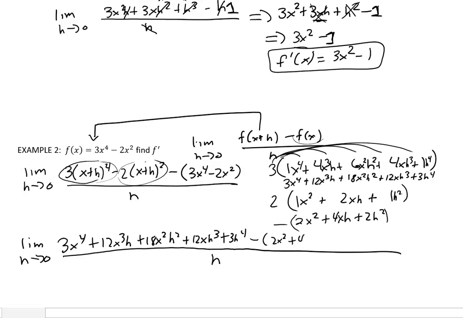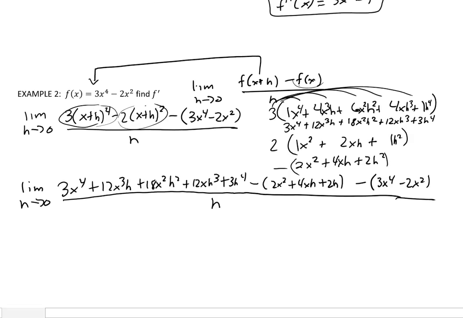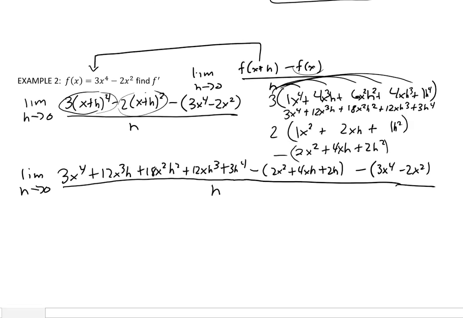Phew! A lot of stuff there. So I'm going to get rid of these parentheses by distributing this negative. So this is going to be negative, this is going to be negative, and I'm going to change that to a positive.